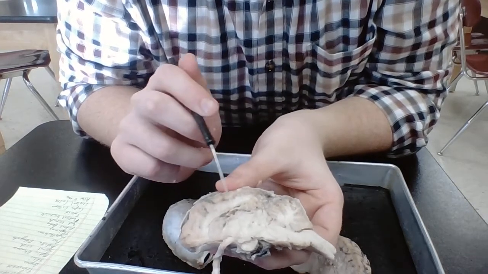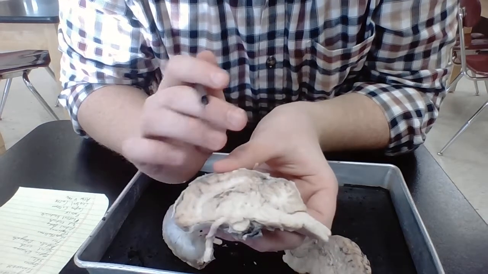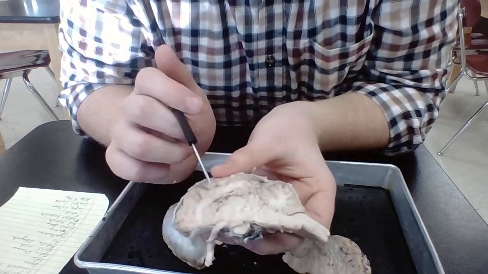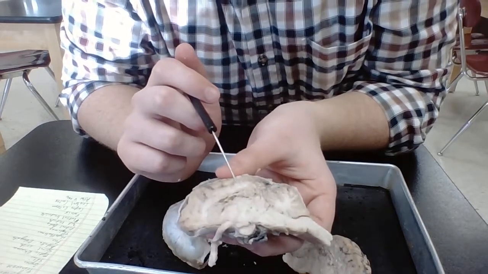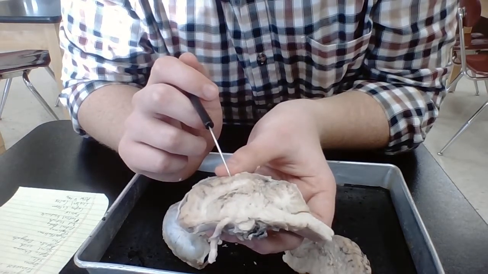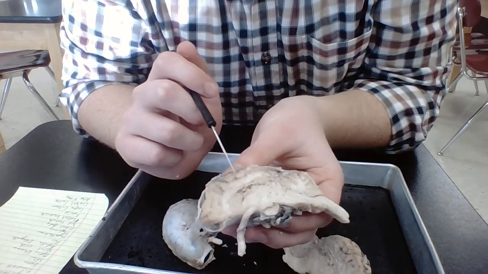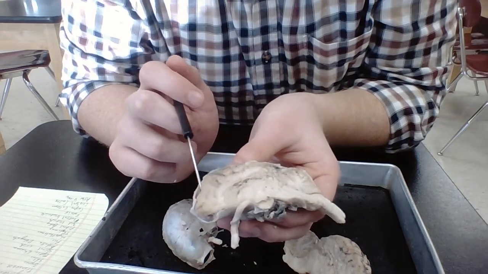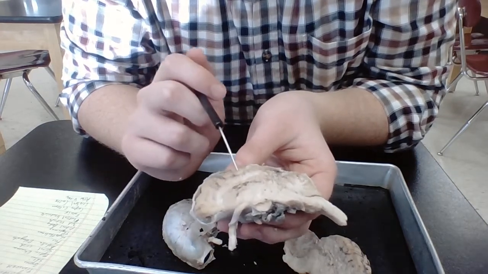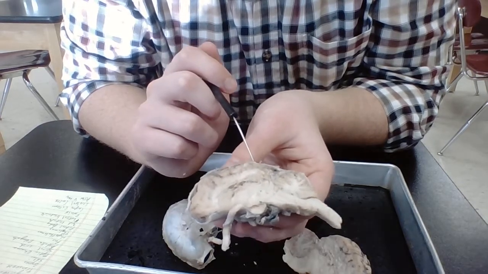This is where the two hemispheres of the cerebrum meet, and that's where a lot of the connection happens and how the brain communicates and exchanges information. The cerebral cortex goes up here as this thin layer of gray matter where a lot of the thinking occurs, and this white matter in here is where information is exchanged and transported to different parts of the brain.